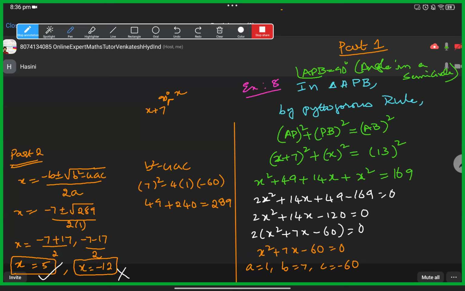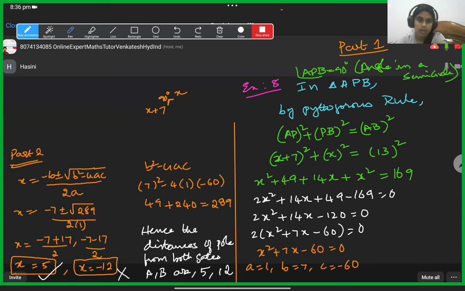Cross mark means it is not possible. So hence the distances of the pole from both gates A and B are 5 and x plus 7, that is 12.